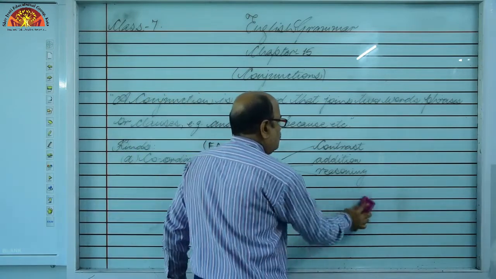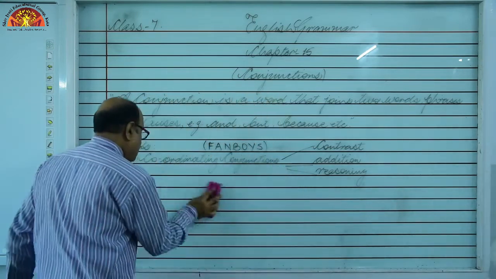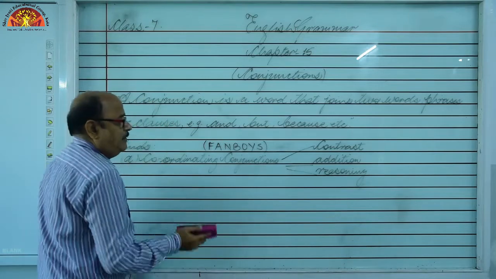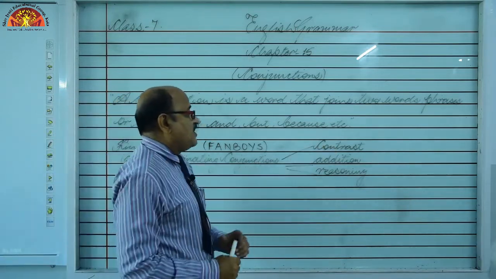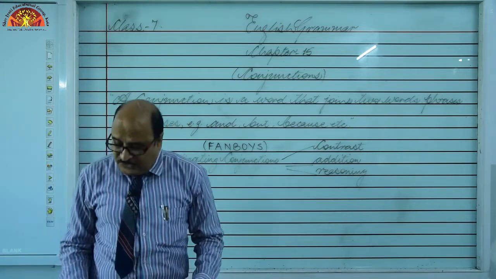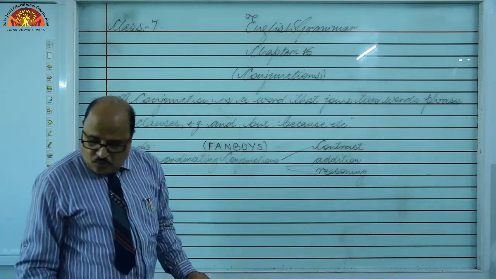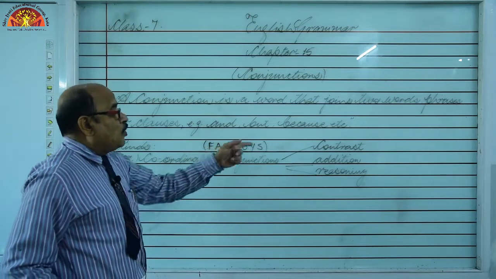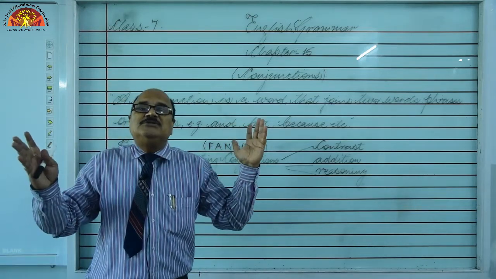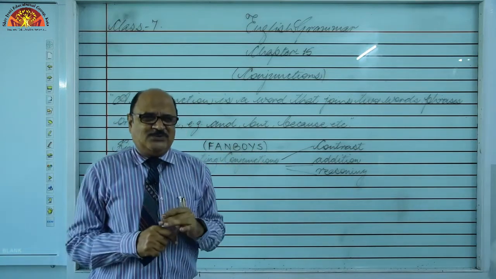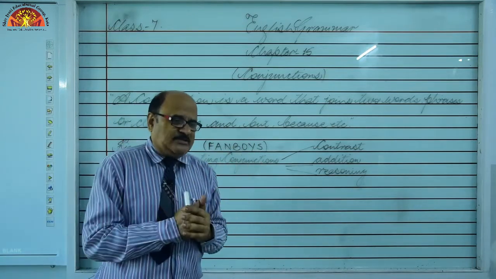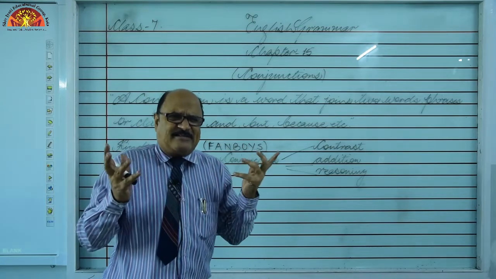Please open your book. You can see exercises are there, and what I taught, contrast, right? The first one is contrast, coordinating. Contrast means they both are opposite to each other, right? So, two clauses are opposite to each other, like but, like yet.